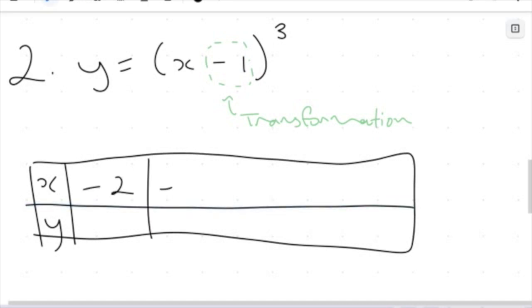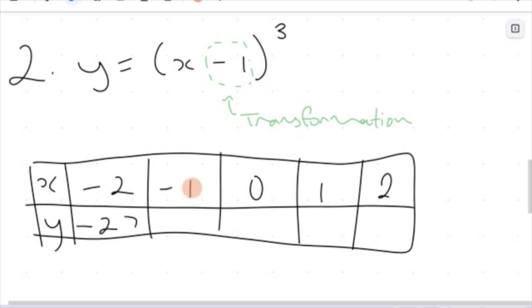So I'm going to go once again from -2 all the way up to +2. Okay, let's substitute some values in here. Substituting in -2 for x gives us -2 minus 1, which is -3, all cubed. Cubing -3 gives me -27. If I substitute in -1, that gives me -1 minus 1, which is -2, cubed gives me -8.